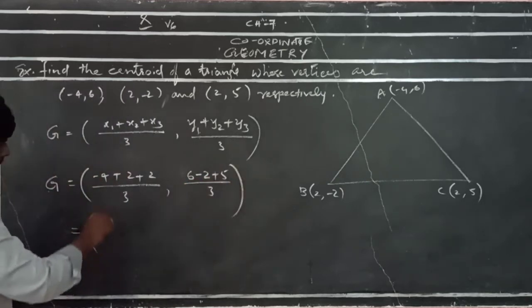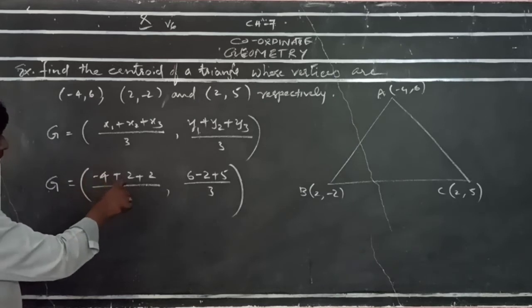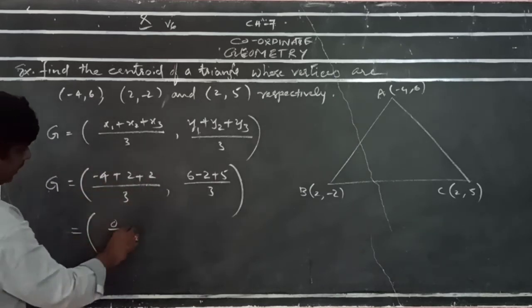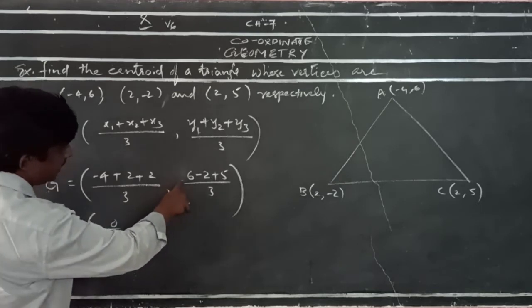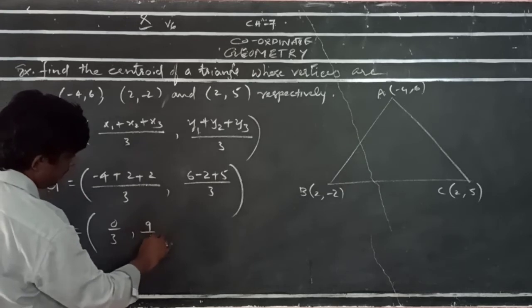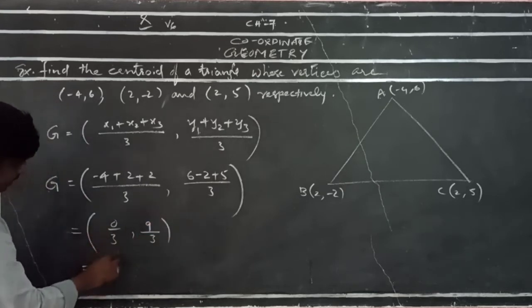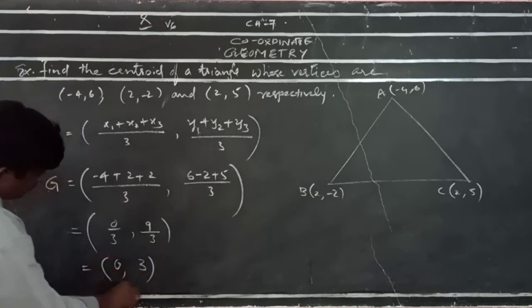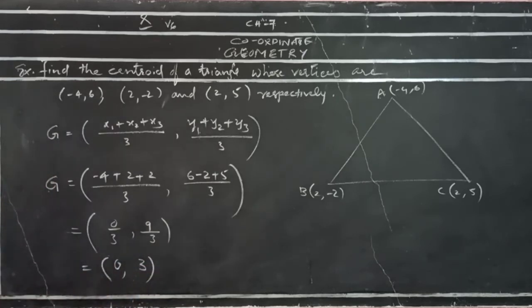So it is nothing but -4 and +4, which is 0 by 3, and 6 plus 5 is 11, 11 minus 2 is 9. 9 by 3. So 0 by anything is 0, and 9 by 3 is nothing but 3. So this is simple, and the centroid is (0, 3).